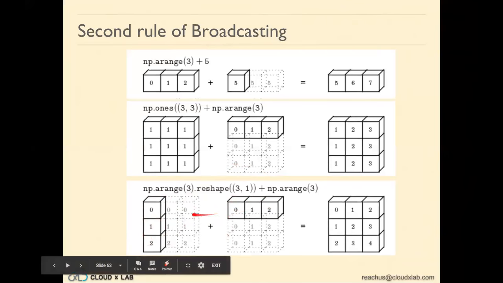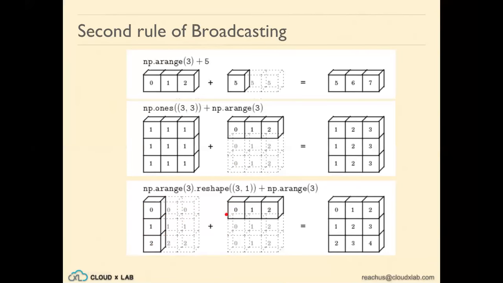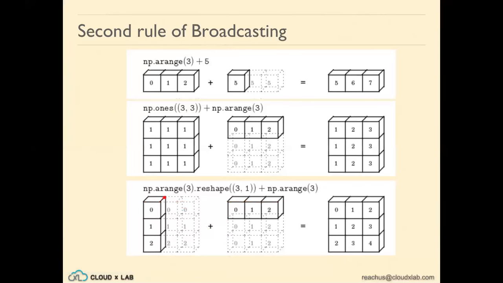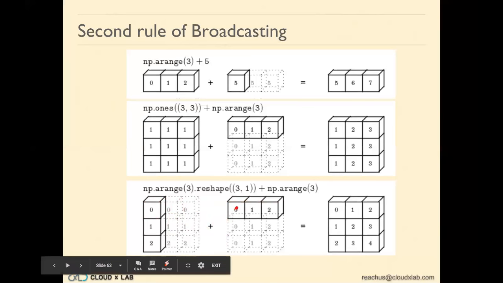So to match this dimension with this one, it is repeating this one, and to match with this one, it's repeating this one. This way it is going to add this to this. It will become 0 1 2, 0 1 2, and this will become 0 1 2 in this dimension. Basically each clones itself to match the other one's shape, or size, you can say.